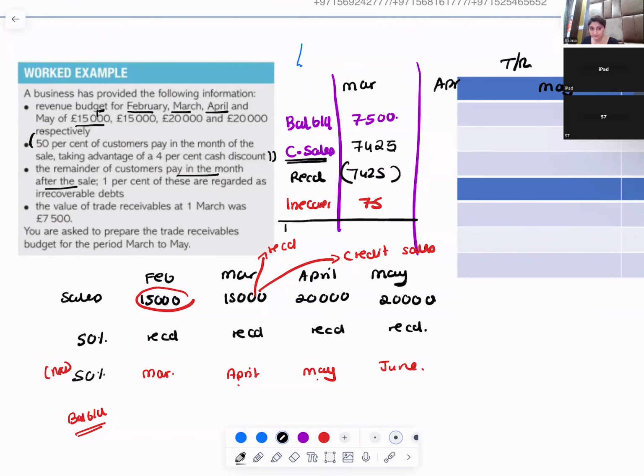When you subtract it, your balance again will be 7,500. The credit sales are subtracted, and it's the same number either way.